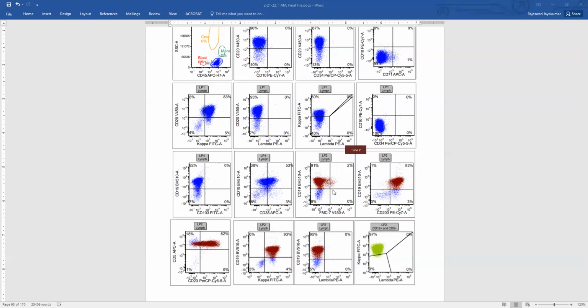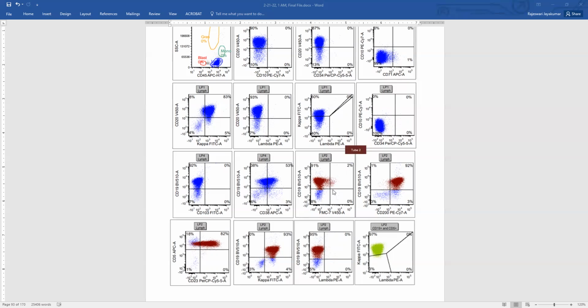There are a couple of markers that can differentiate them by flow, CD23 and CD200. CD200 and CD23 are positive in CLL and negative in mantle cell lymphoma. There are other markers too. For example, CD20 is dim in CLL and usually bright in mantle cell.